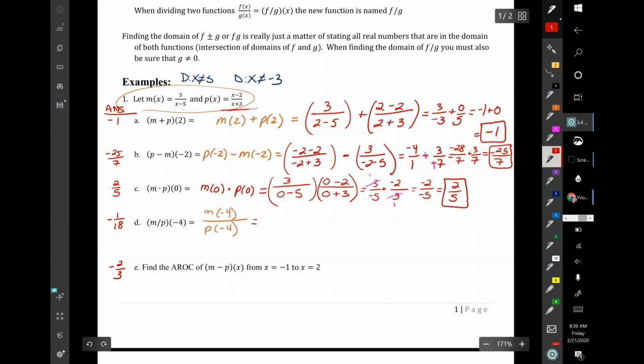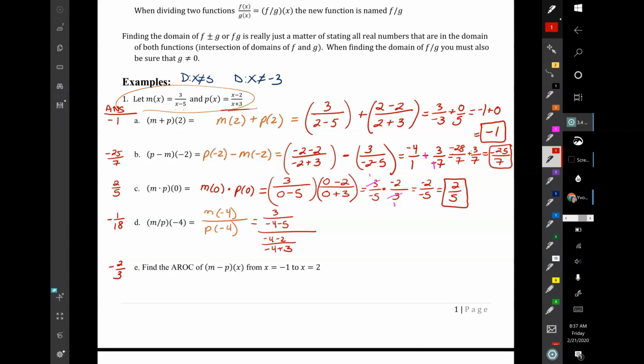This one gets a little bit messier, but we have numbers to work with, so it's easier than letters. So we have 3/-4 minus 5, all divided by -4 minus 2 over -4 plus 3.